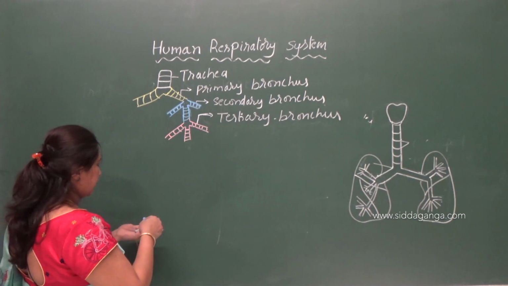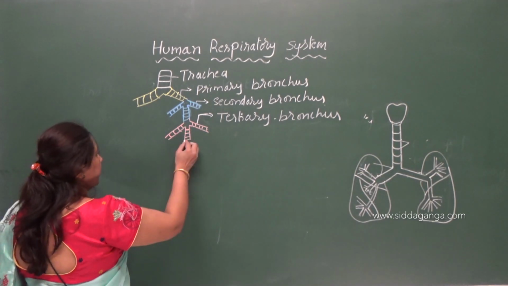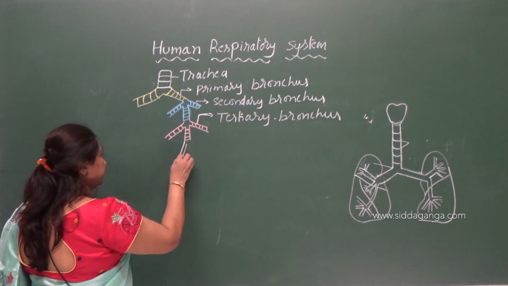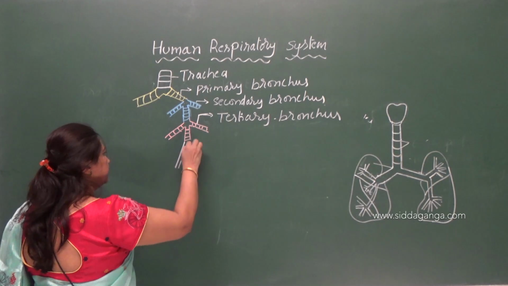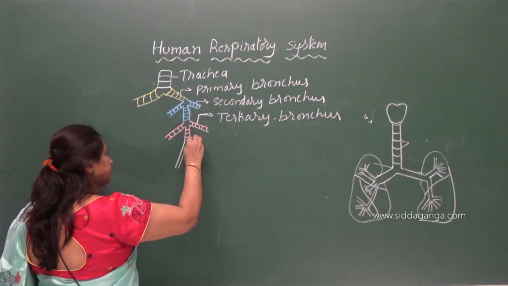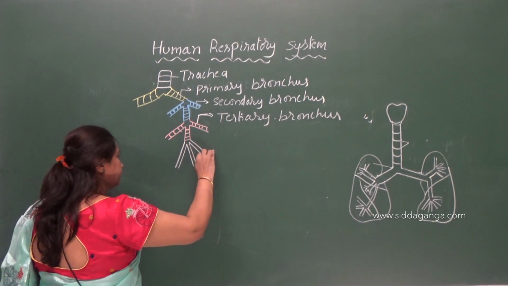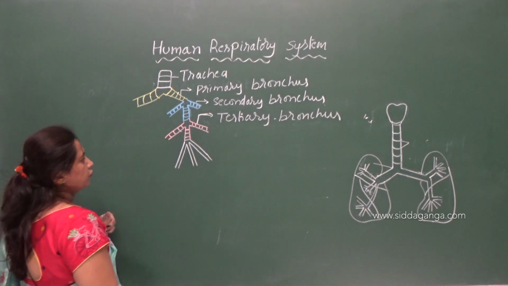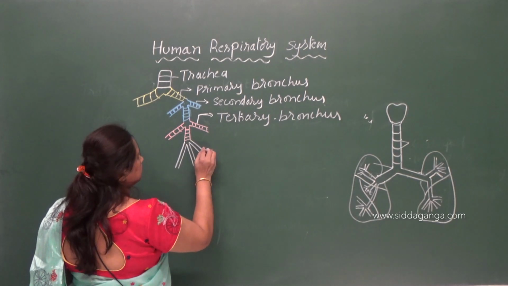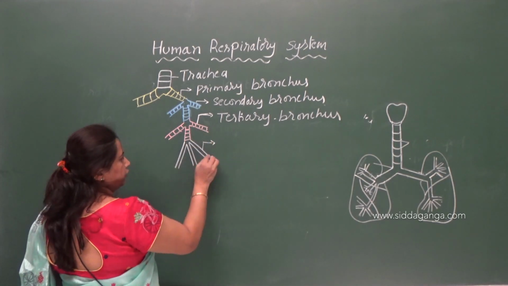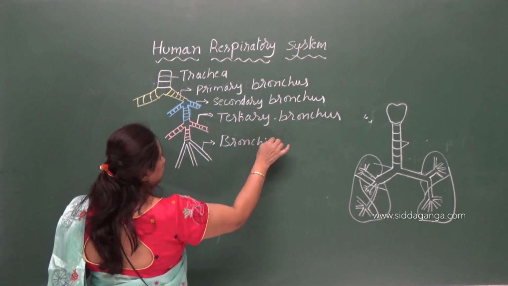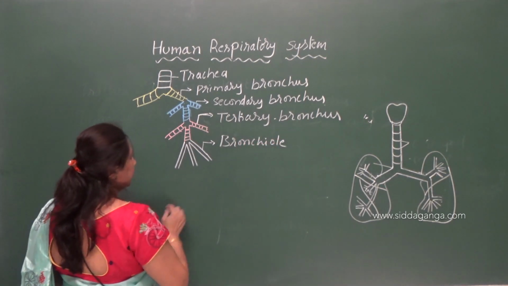Okay. Each tertiary bronchus divides many times and forms small tubes, they are called bronchioles. Bronchioles. Okay.